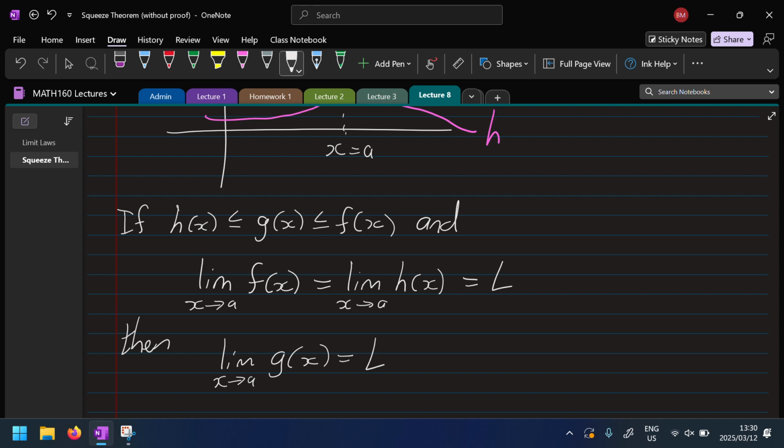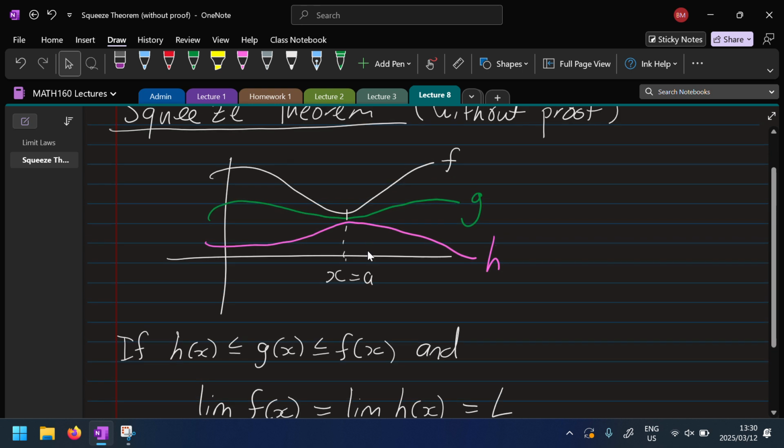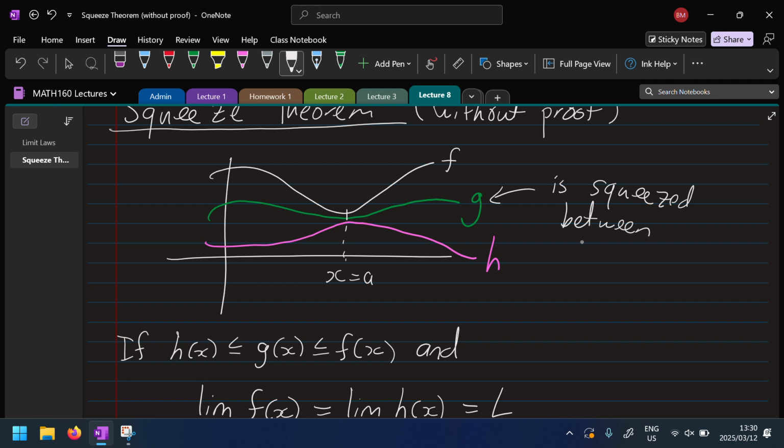So what's the idea behind this? Well, we can see that around x equals a, this function g is squeezed, squeeze theorem, is squeezed between f and h. So f at the top, h at the bottom, g is squeezed between the two.